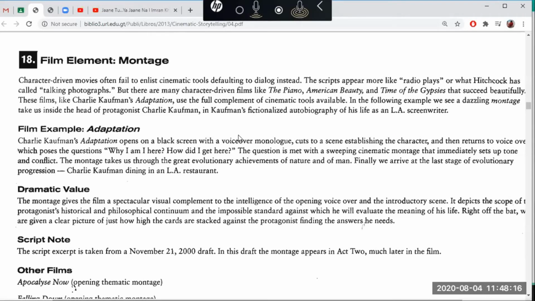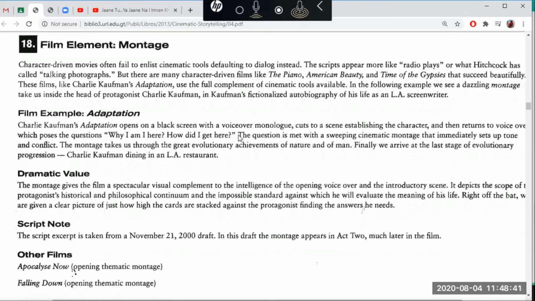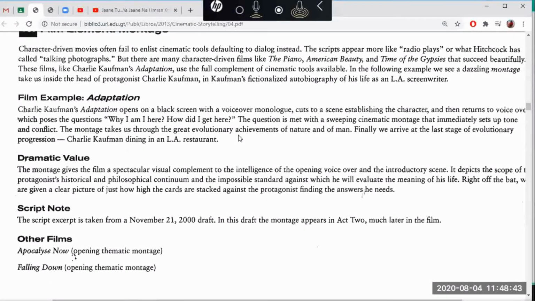It just says that the film Piano, American Beauty, Time of the Gypsies, and many other beautiful films, or some films by Kaufman actually, Kaufman's Adaptation also used adaptation as a cinematic tool, or adaptation as a means for developing the language of his film, or to create meanings through the content.